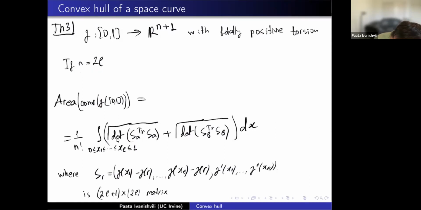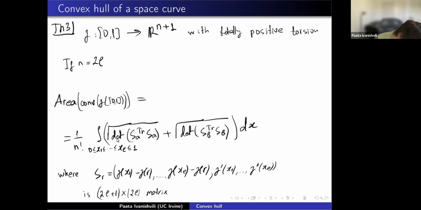Again, n is even, then we can calculate the area of the surface of the convex hull. It is this integral. Again, you integrate always over those simplices, and there is this square root of the determinant of S_a transpose times S_a, the transpose of the matrix times S_a. And what is this S_a?